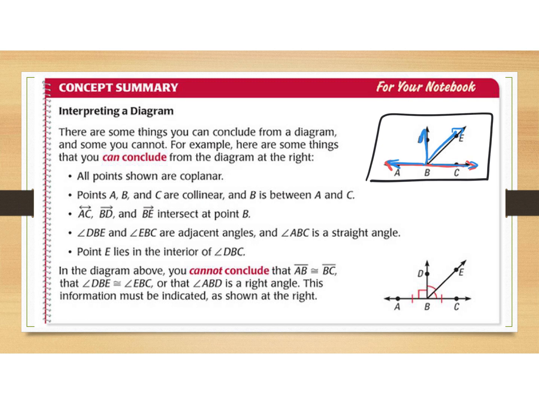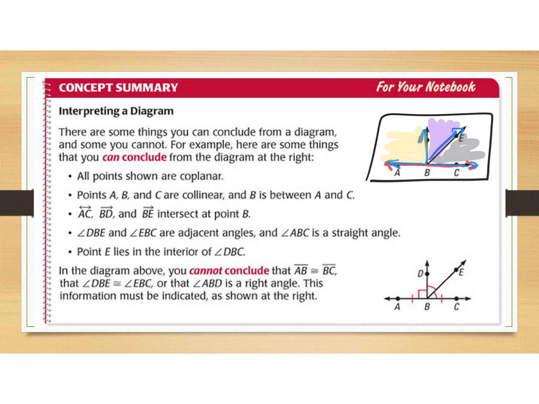We could also say that this angle, ABD, is adjacent to angle DBE, or we could say DBE is also adjacent to EBC. These are all things that we can conclude from that picture.